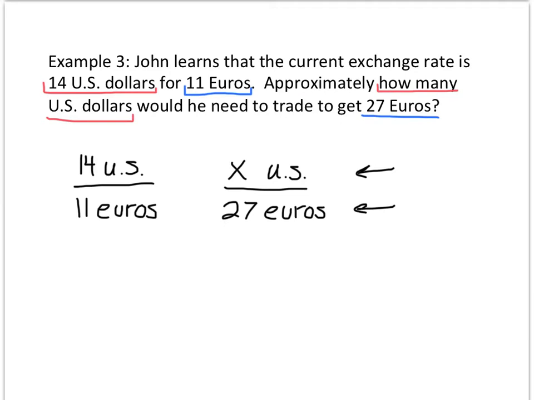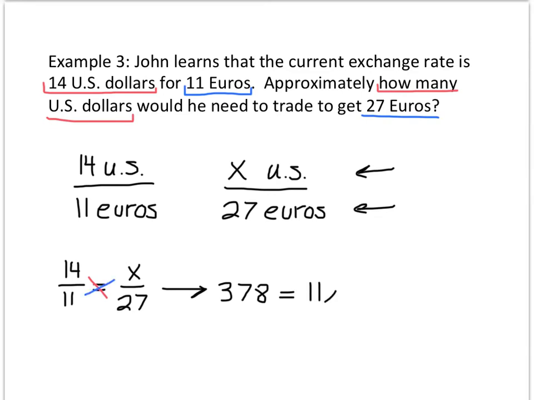So now, to solve this proportion, I can first write the two ratios, 14 over 11 equal to x over 27. I can solve for x like I would any other proportion by simply cross multiplying. First, 14 times 27 gives me 378. And then if I cross multiply 11 and x, this gives me 11x.